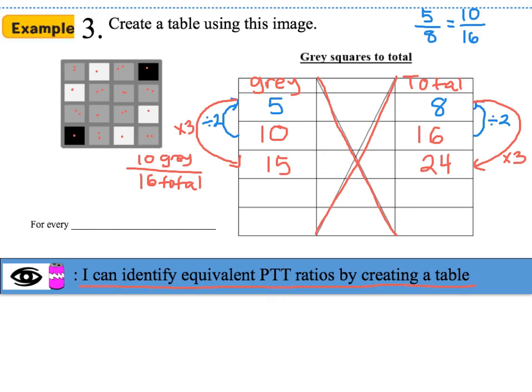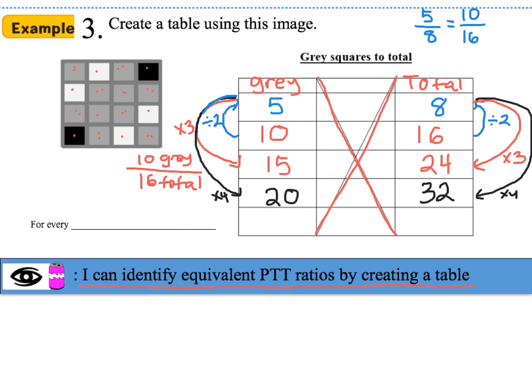You can scale forward again by multiplying 5 times 4 and multiplying 8 times 4. So 5 times 4, that will get me 20 gray squares, and 8 times 4 will get me 32 total squares.